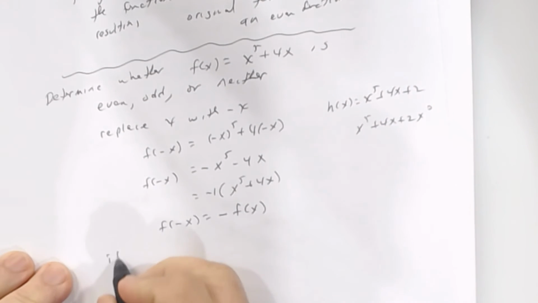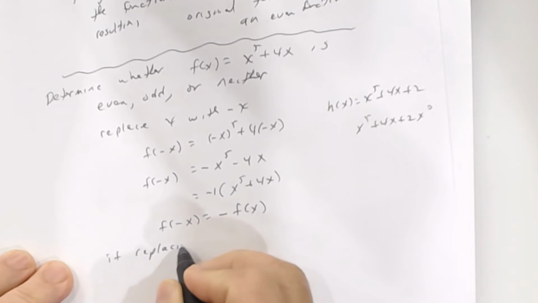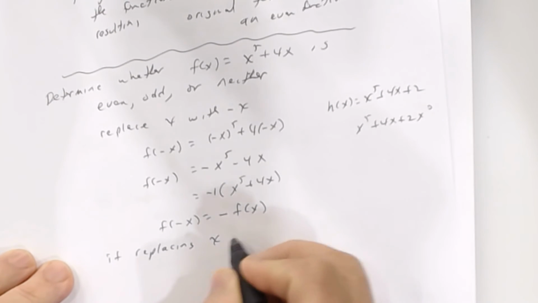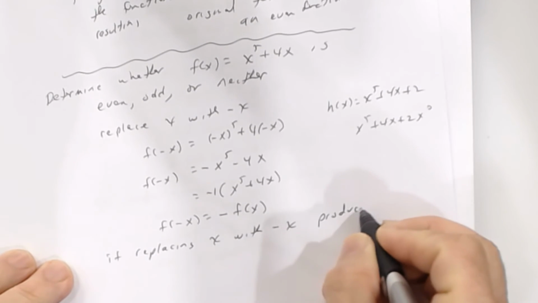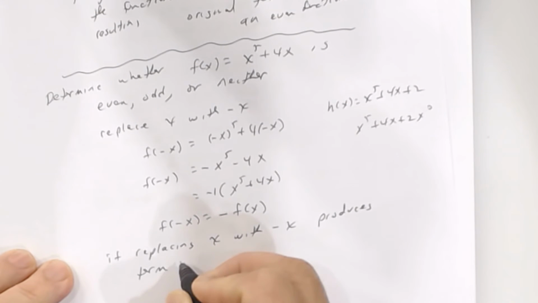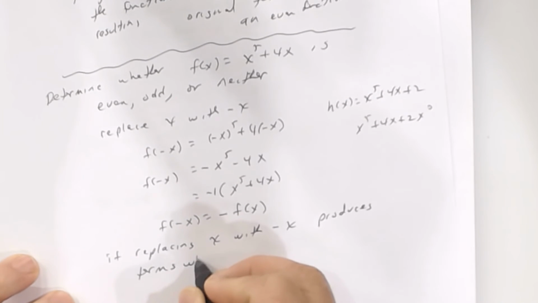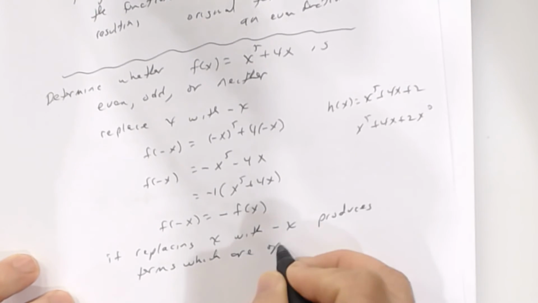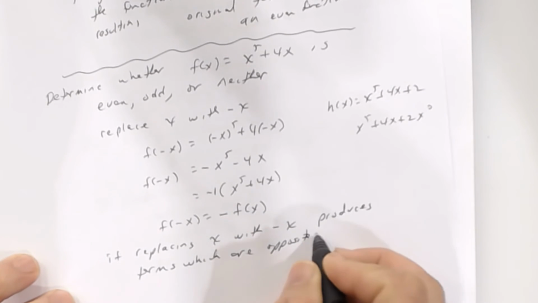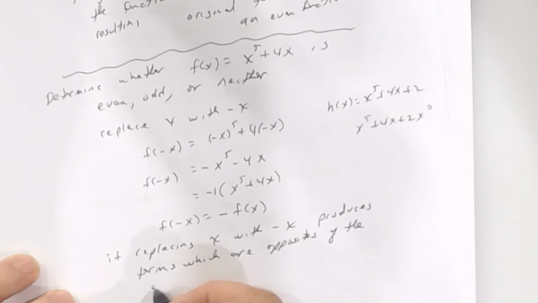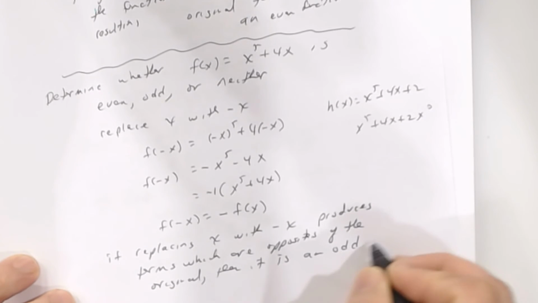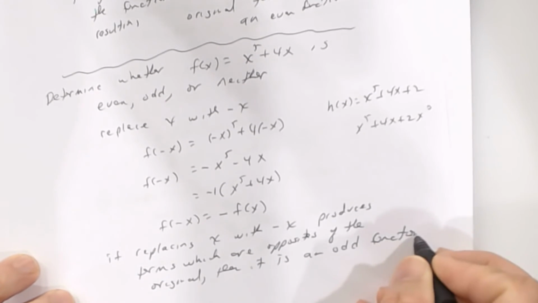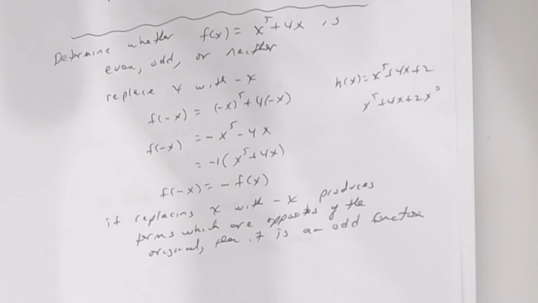So if replacing x with negative x produces terms which are opposites of the original, then it is an odd function. An odd function.